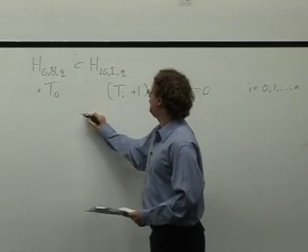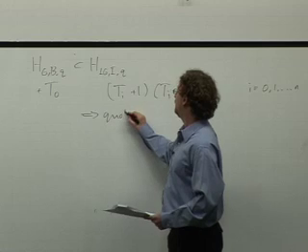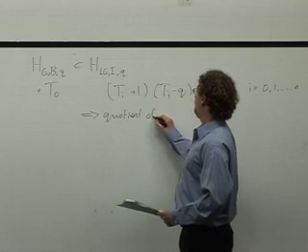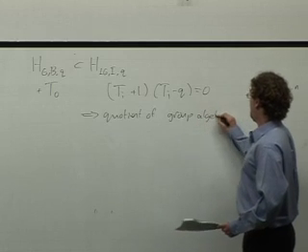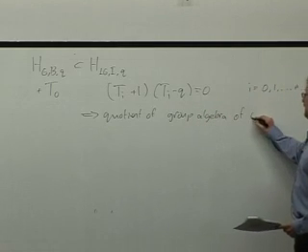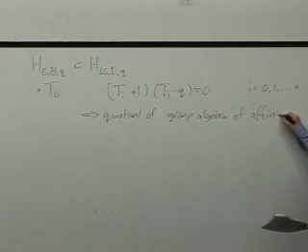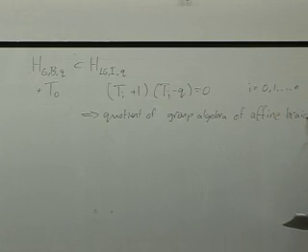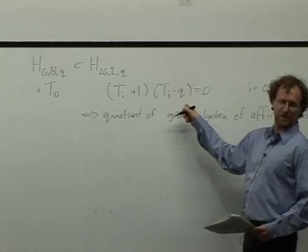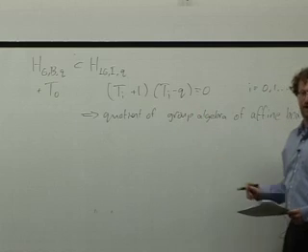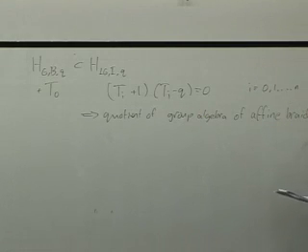So this is a quotient of the group algebra of the affine braid group. The affine braid group is defined just like the finite braid group, but with one extra generator, except that we don't impose this equation anymore. We just impose the braid relations for our T's.